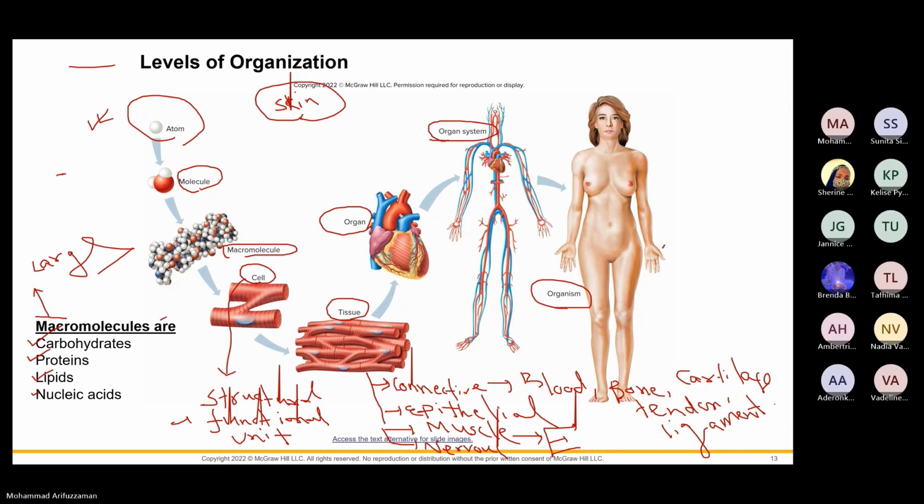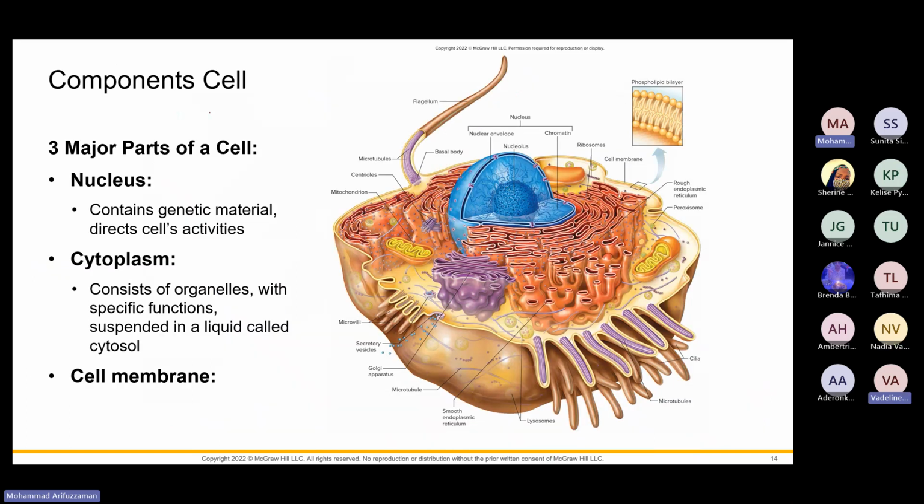Now, the components of a composite cell. A composite cell has three major components. The nucleus, which is centrally located, contains the genetic materials. What are the genetic materials?